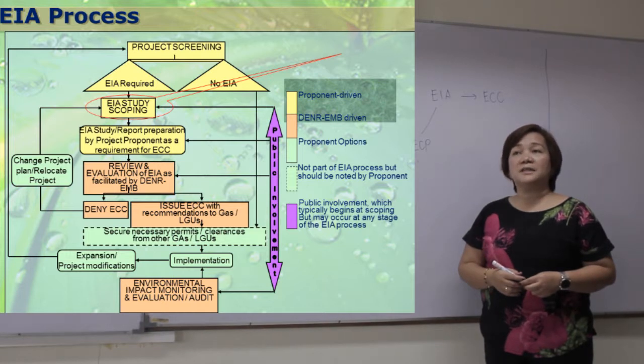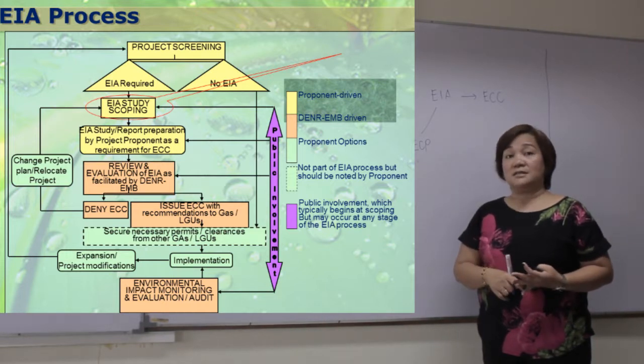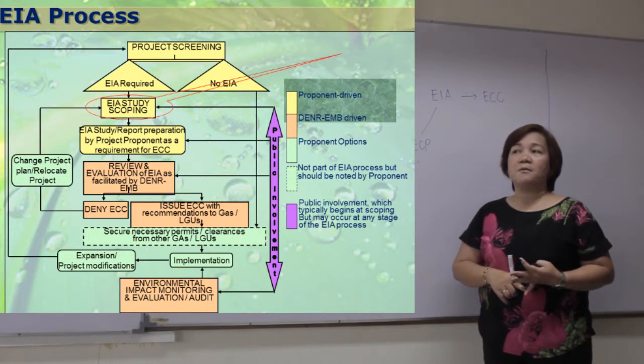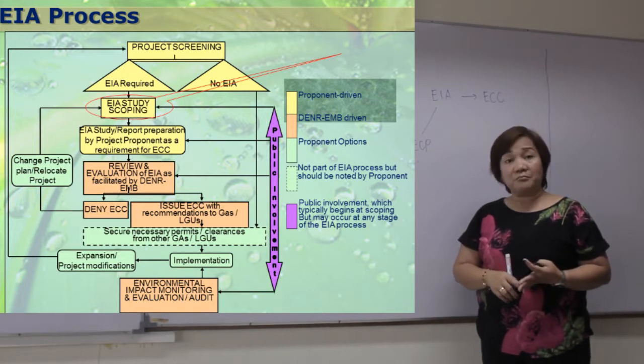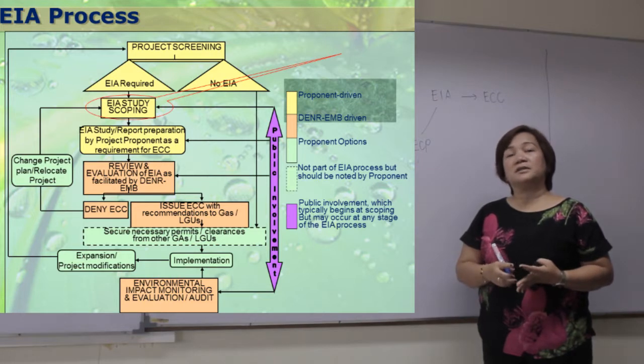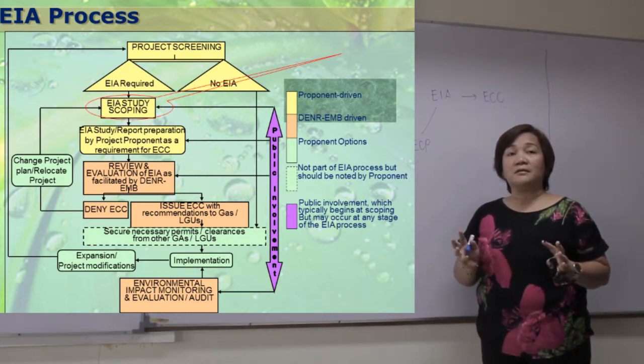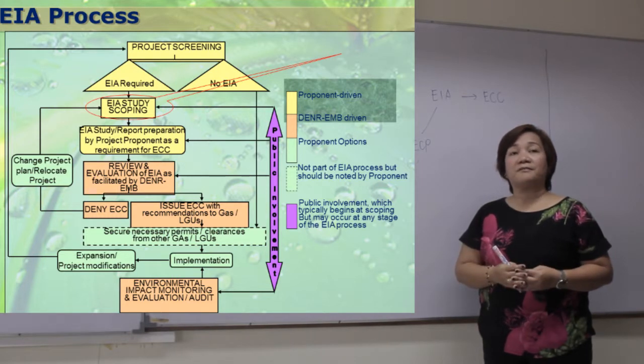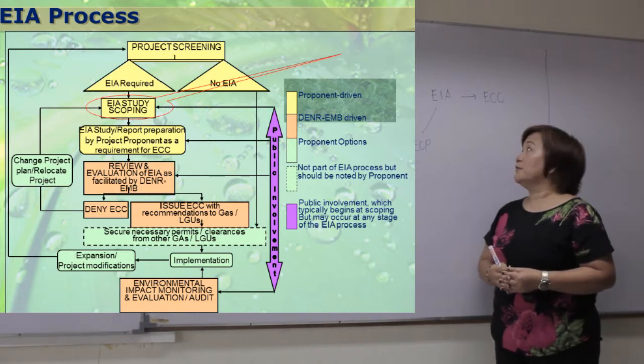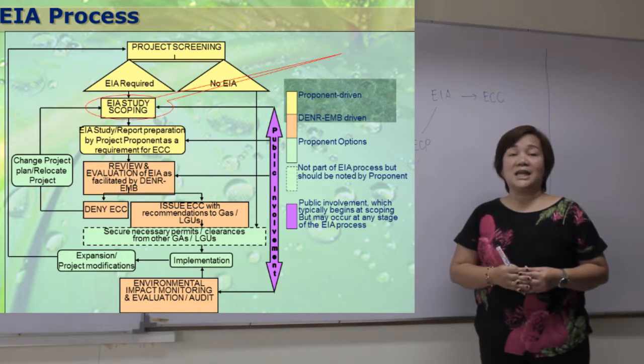An example of this would be mining process. So it's an environmental critical project. What else? If you want to come up with a dam, so it's also an environmental critical project. The size of the project would also classify it as an ECP, and therefore it needs to have an EIA.